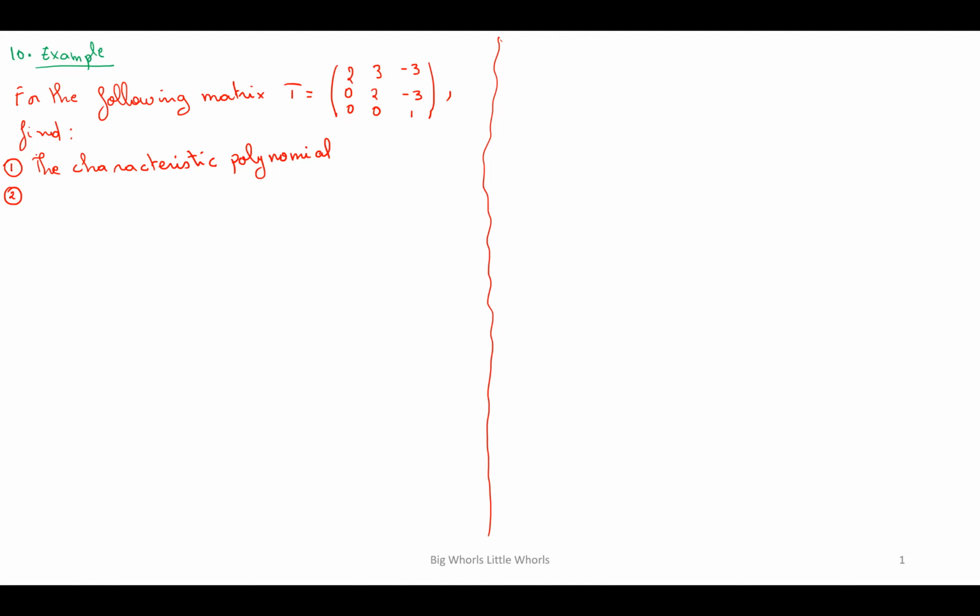Find the eigenvalues, the associated eigenvectors, and part C, the associated eigenspaces.